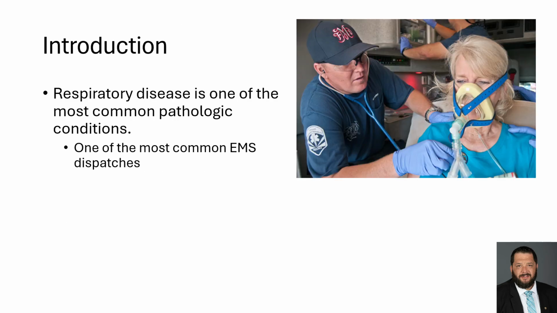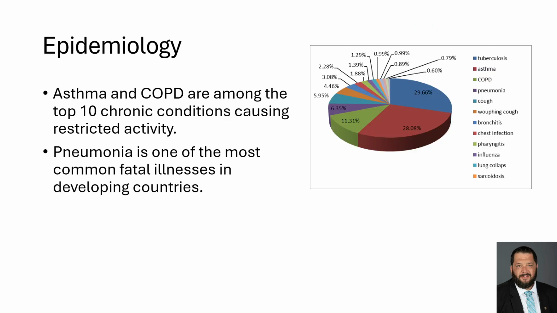Respiratory diseases are one of the most common pathologic conditions and probably the most common EMS complaint in most services. In fact, a large majority of medical complaints that we see within EMS are either respiratory in nature or have a respiratory component to them. Asthma and COPD, the abbreviation for chronic obstructive pulmonary disease, are among the top 10 chronic conditions causing restriction on an individual's activity.